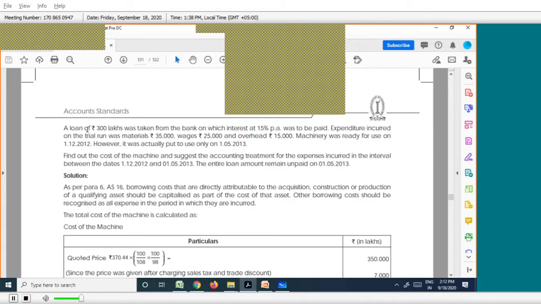And when is the asset available for use? Whether the asset is available for use on 1/12/2012 or on 1/5/2013. Just message me your answer. 2012 or 2013, as per you by going through the question?